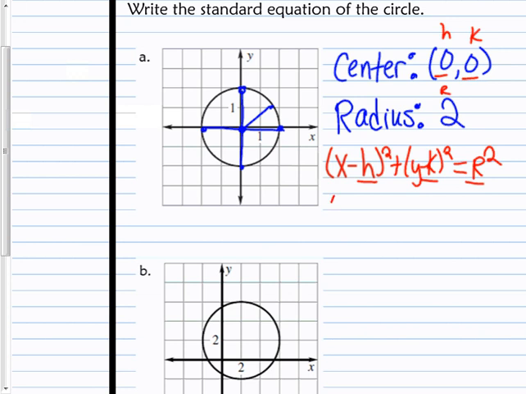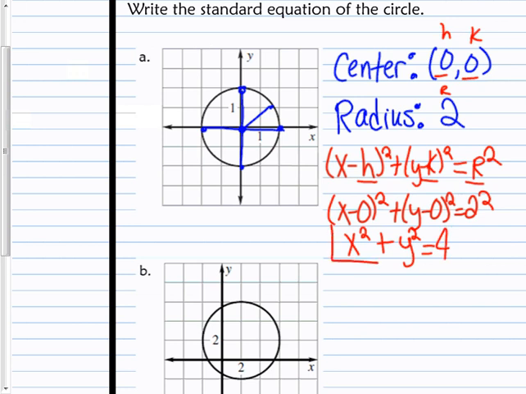Simple as that. x minus 0 squared plus y minus 0 squared equals 2 squared. Now, x minus 0 is just x, so we can write x squared plus y squared equals 2 squared, which is 4. And that is the equation of that circle: x squared plus y squared equals 4.